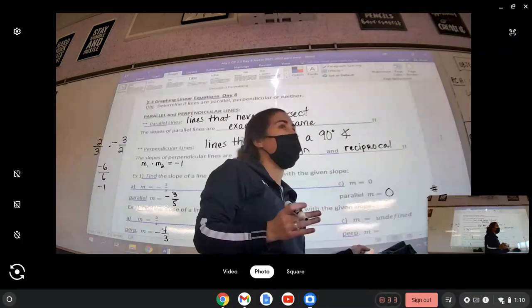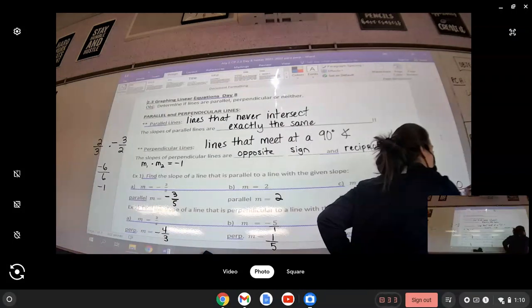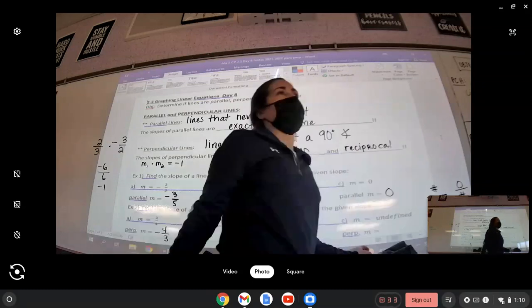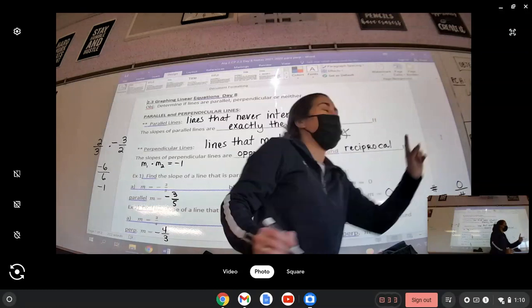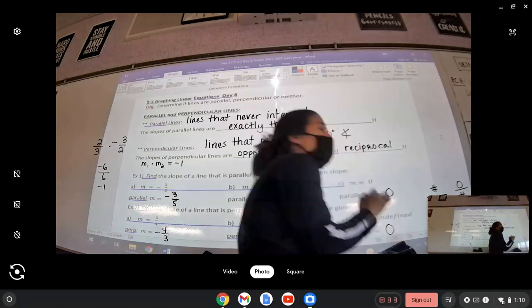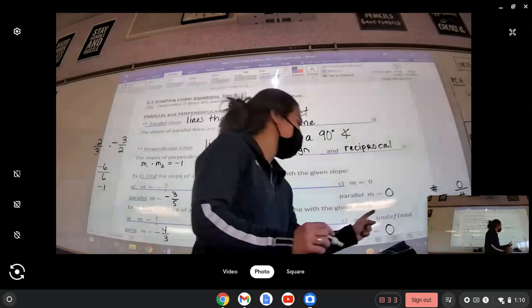So a perpendicular slope would be the reciprocal, and it would be the opposite sign. So guys, what's 0 divided by any number in this world? 0. So the perpendicular slope to undefined is 0. And vice versa. If you were given a 0 slope and they asked you for the perpendicular slope, then the answer would be undefined.